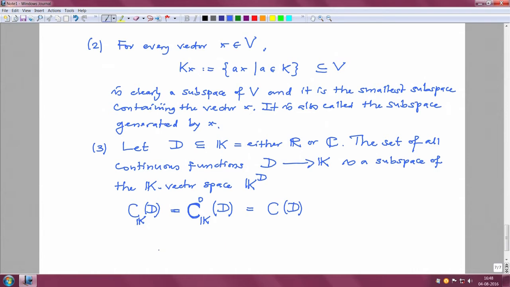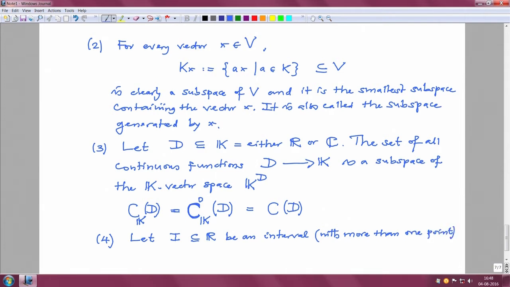Okay. Continuing further, fourth example, let us now take the interval. Let I contained in R be an interval which has more than 1 point.